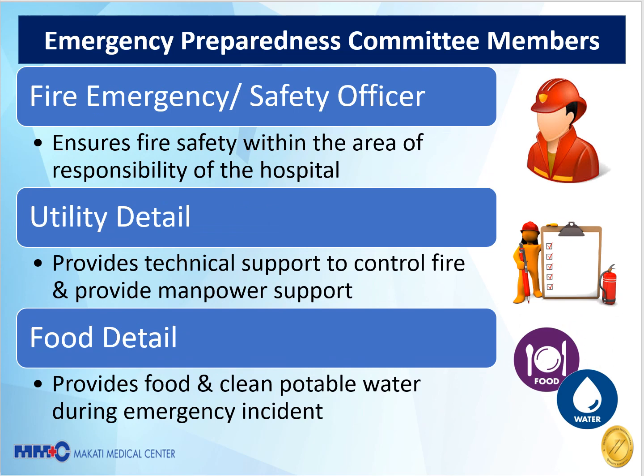The Fire Emergency or Safety Officer ensures fire safety within the area of responsibility in the hospital. The Utility Detail provides technical support to control fire and provide manpower support. This is further divided into different details such as the fire hose detail, the mechanical detail, the electrical detail, and the elevator detail.